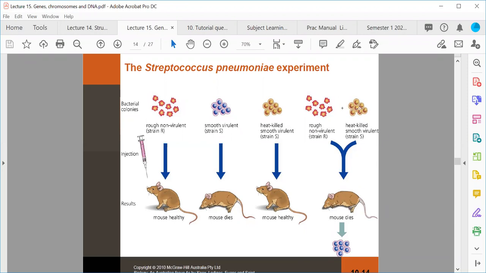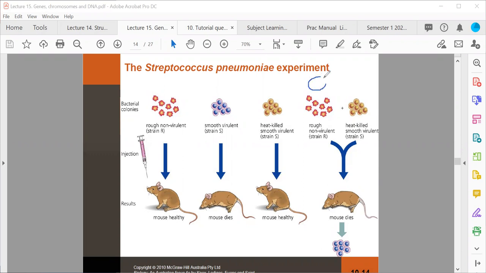The heat-killed strain on its own, no problem. The virulent strain on its own, no problem. But you put them together and the mice die. Okay, to understand this, we need to know a little bit more about certain species of bacteria.